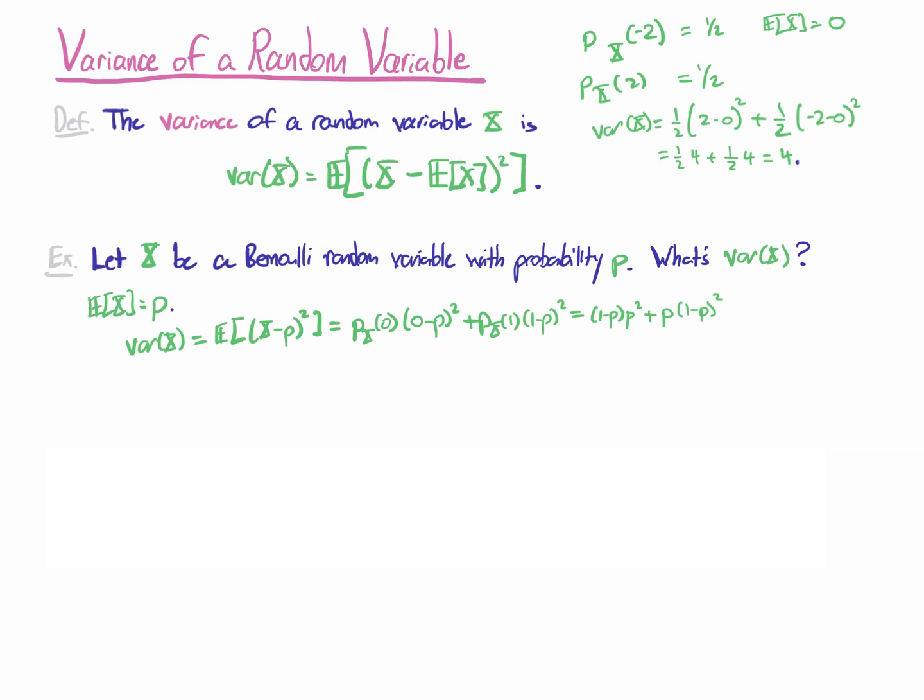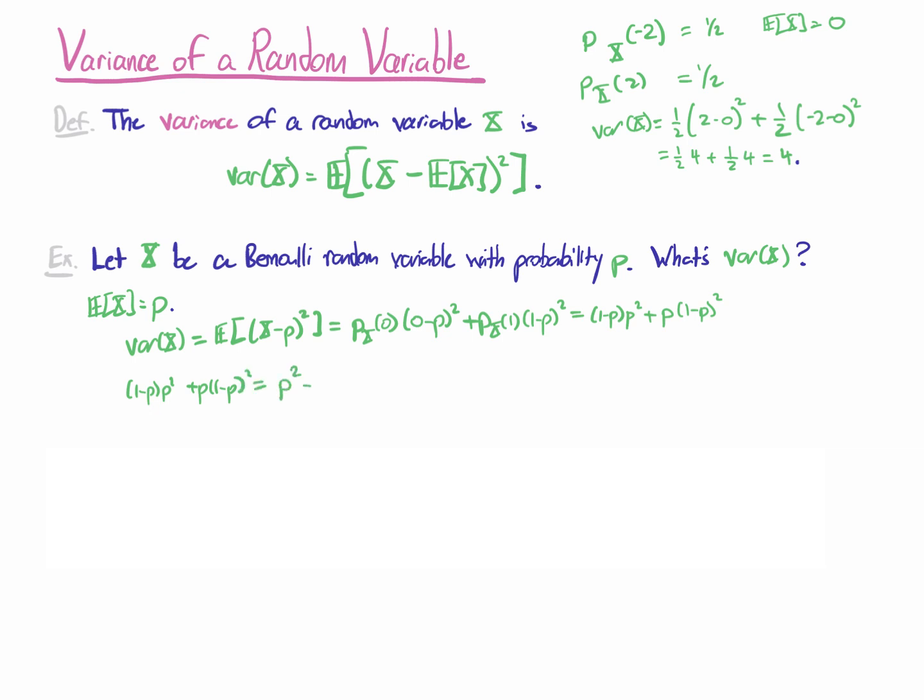Okay, so are we done? We are not quite done. There's a little bit more simplification to do here. If we look at what's going on, we have (1 minus p) times p squared plus p times (1 minus p) squared. So let's expand that out.